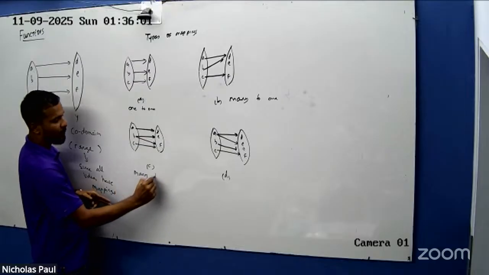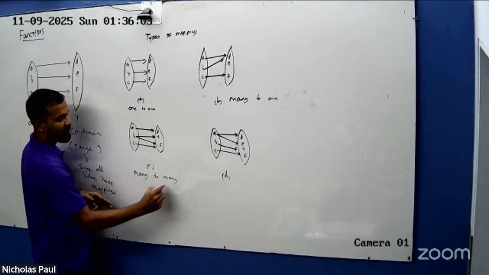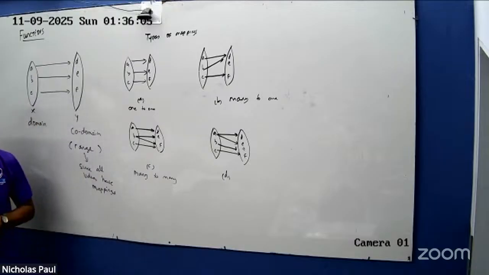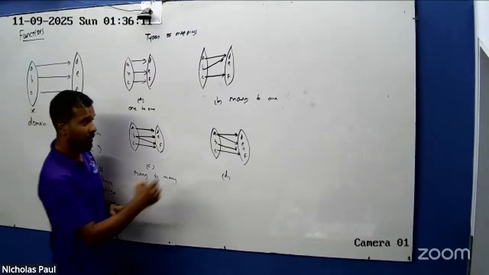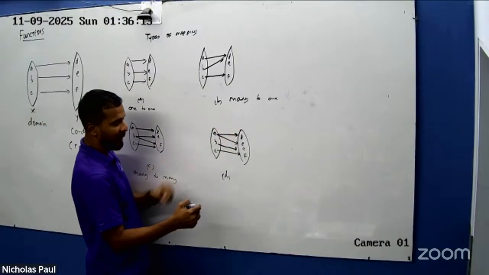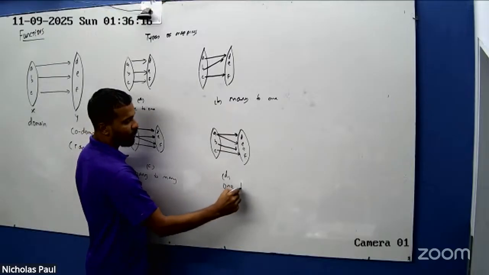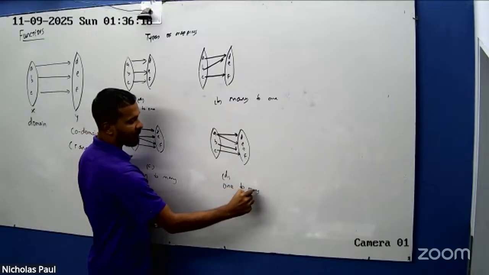So it's a many to many. That's okay? Many to many. This one is a what? 1 to many, 1 value going to many. So those are your 4 different types of mappings.